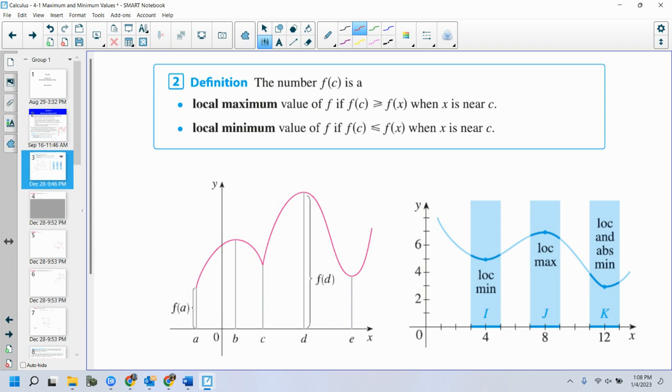Now, the definition is very similar. The only thing that changes is this word here, near. That's where the definition starts to get a little fuzzy. How do you define near? How close is close? A local maximum is basically a value of a function that's bigger than the others around it, close to it, near it.